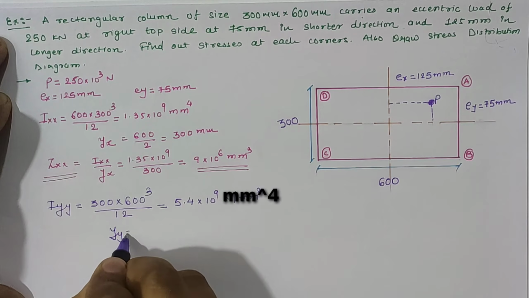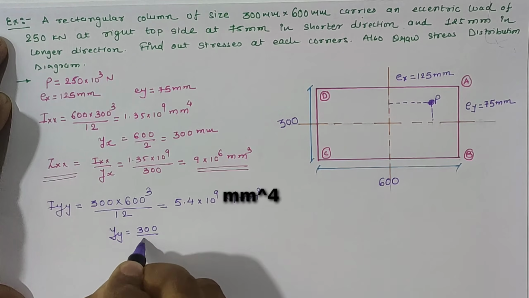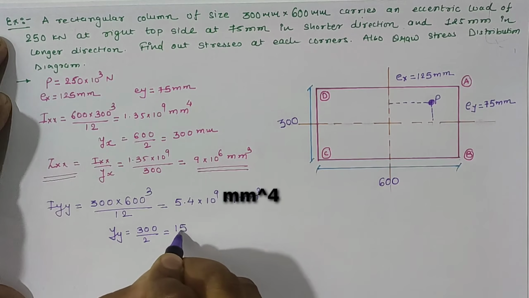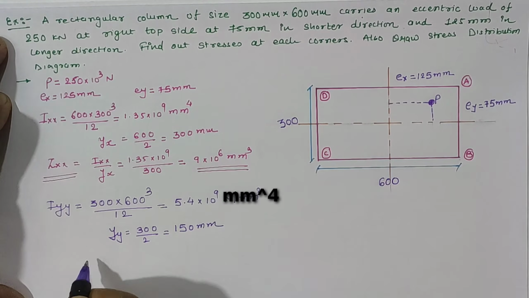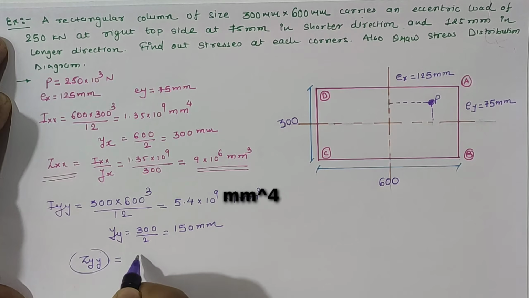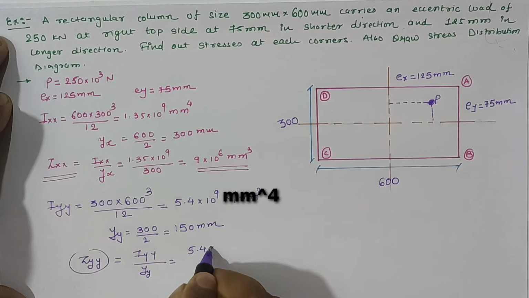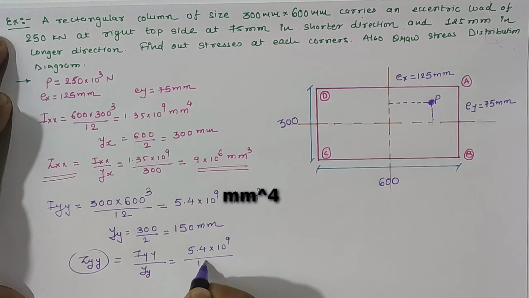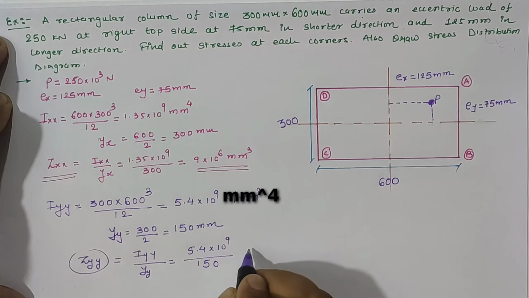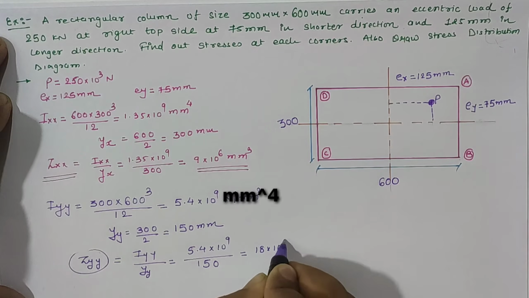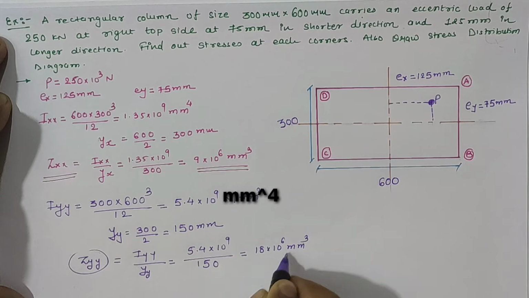So Yy value is nothing but 300 by 2 as 150 mm, hence our section modulus with respect to y, Zyy, is equal to Iyy divided by Yy. So 5.4 into 10 raised to 9 divided by 150, which is equal to 18 into 10 raised to 6 mm cube.